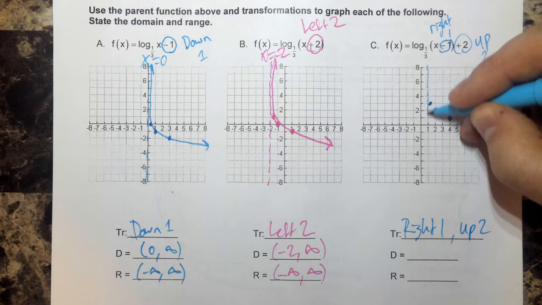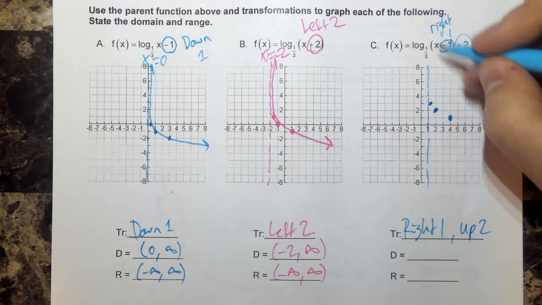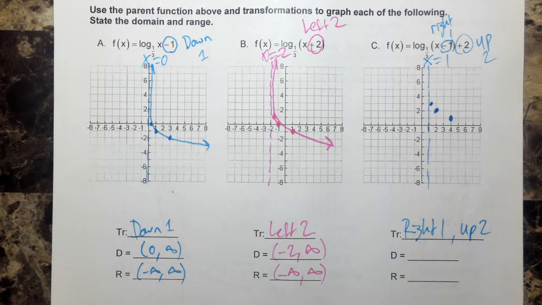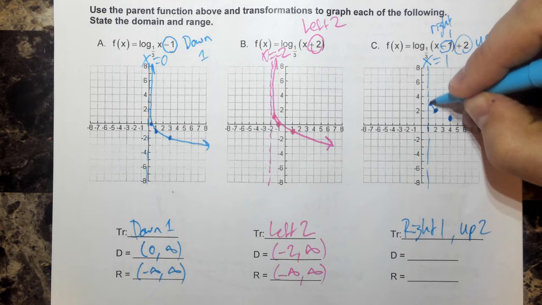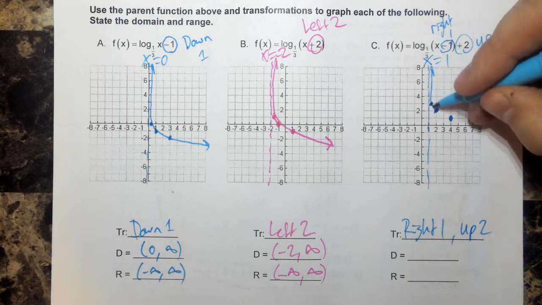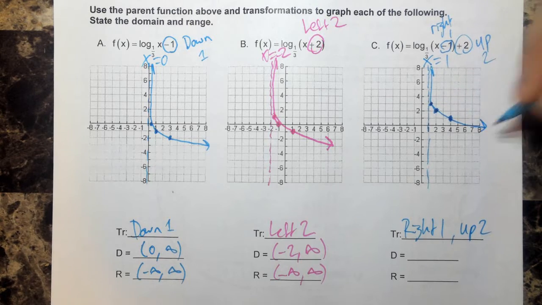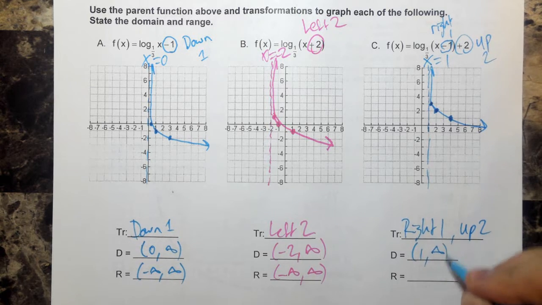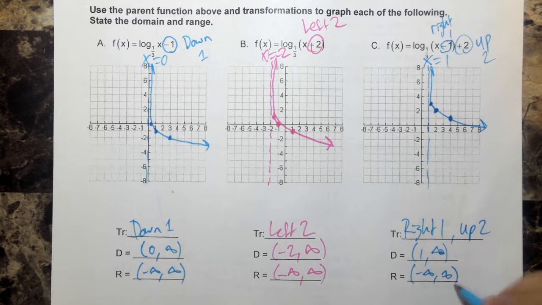Okay. Since we went to the right one, my vertical asymptote has now gone to the right one. So that's going to be x equals 1. That's where my vertical asymptote is going to be, and that's what it'll look like. Again, my domain is going to change because we went to the right one. 1 to infinity, and then we've got negative infinity to infinity for the range.